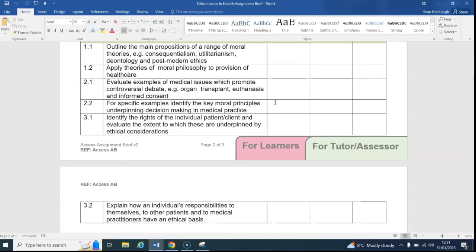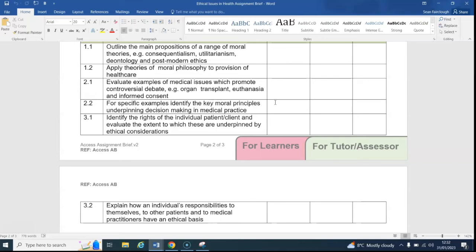Then explain how an individual's responsibilities to themselves, to other patients, and to medical practitioners have an ethical basis. Again, it sounds complicated, but all it's about is linking those responsibilities that we have to those 8 concepts that we've discussed in relation to ethics.